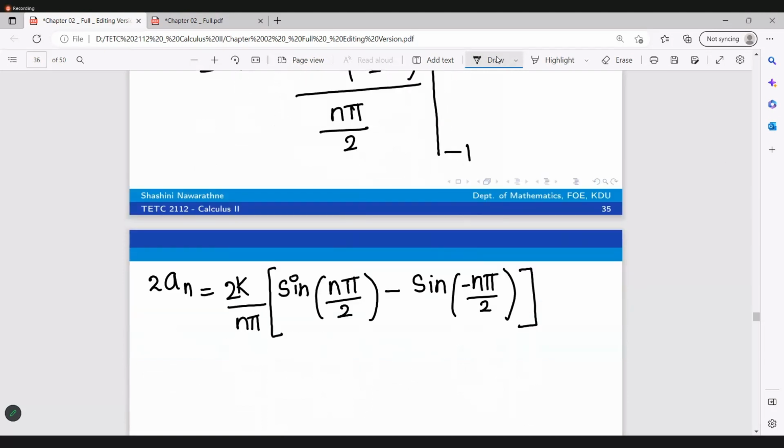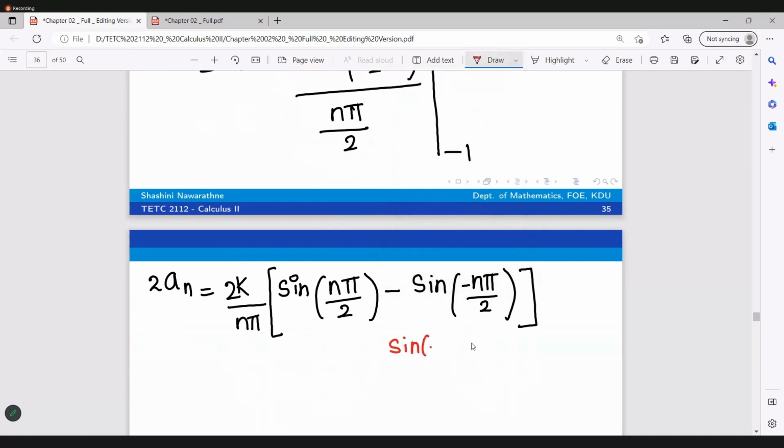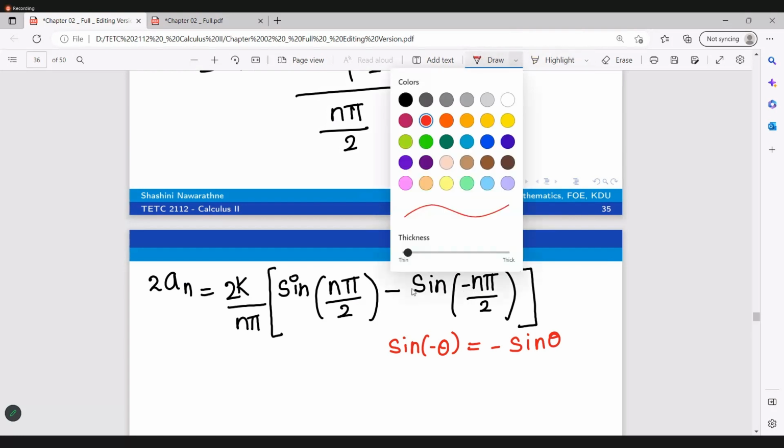As we have mentioned in the first session of Fourier series, sine minus theta is equal to minus sine theta. We can bring this minus sign out.